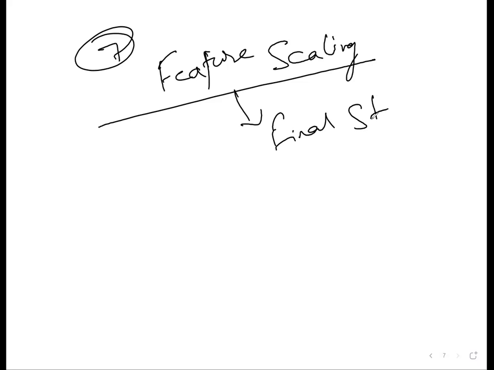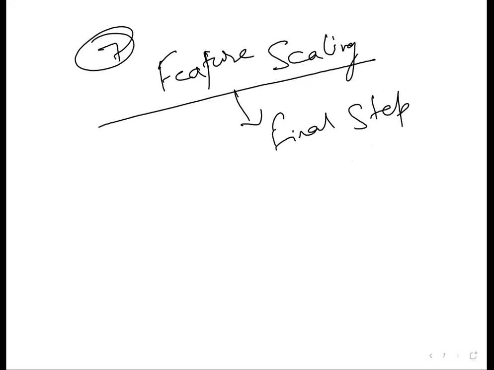It is a technique to standardize the independent variables of the data set in a specific range. In feature scaling, we put our variables in the same range and scale, so that no variable dominates the other variable.